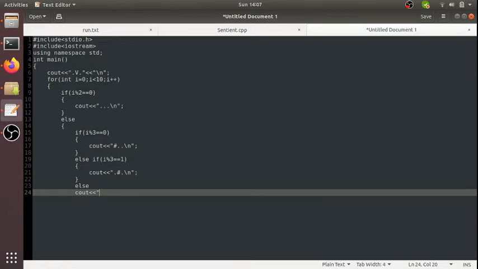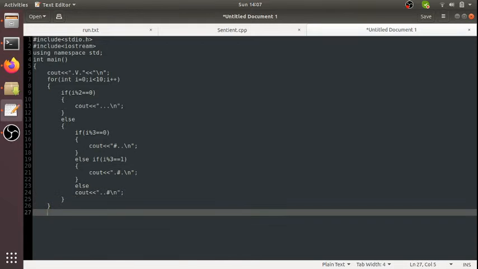It will be on the side, and a new line, and this is done, and there will be 10 of them.